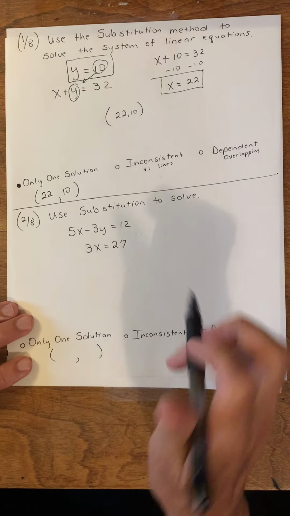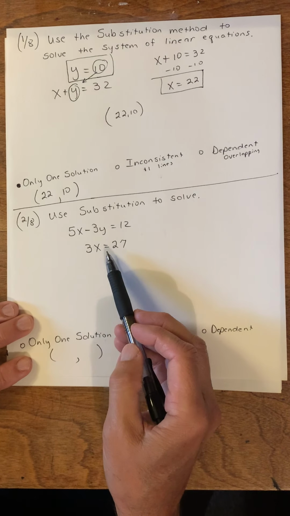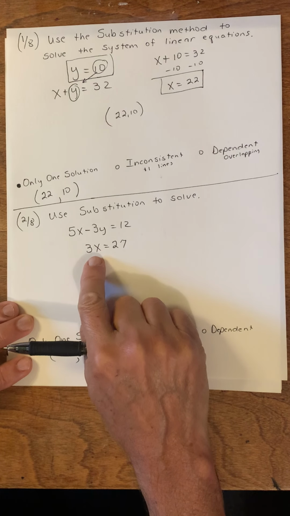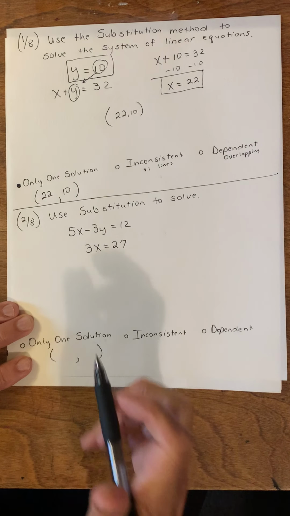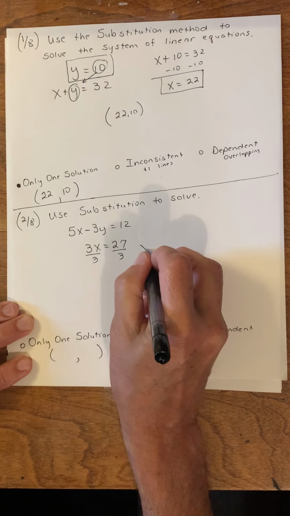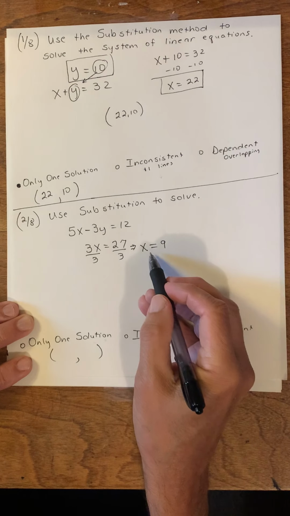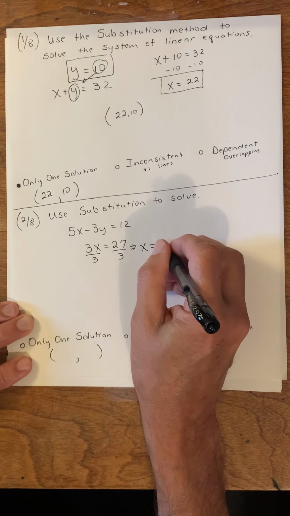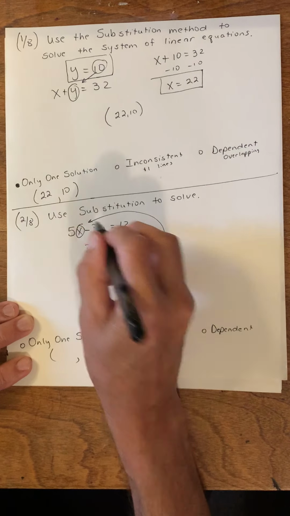All right, use the substitution method to solve. Neither of these equations is solved for x or y. But please note that this one would be very easy to solve for x or y. All I have to do is divide both sides by 3, and I get x is 9. Now I'm going to substitute in the other equation. Everywhere there's an x, I'm going to put a 9.